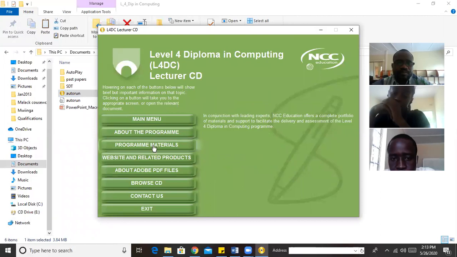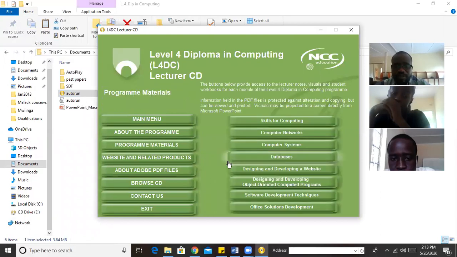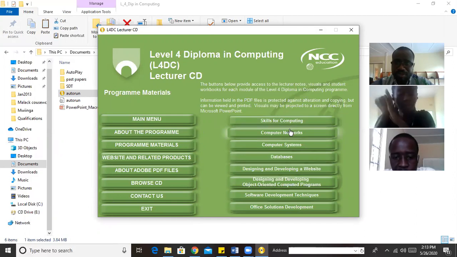Okay, so initially you were supposed to do 4 subjects, isn't it? Yeah. Computing, computer networks, computer systems, databases.